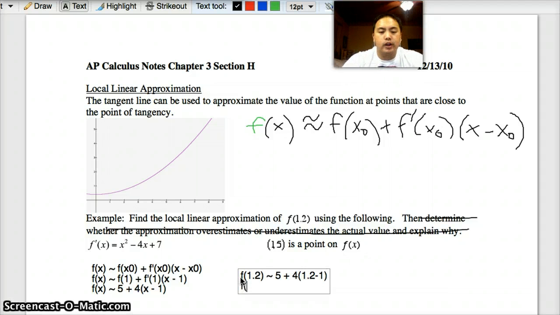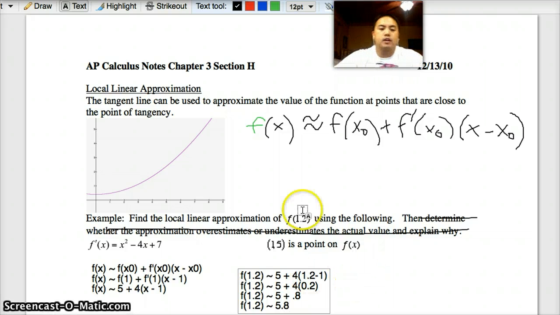The reason we're able to do this is because this is close to 1. I can actually calculate this in my head. 1.2 minus 1 is 0.2. I know it might be a pain to do by hand, but 4 times 0.2 is 0.8. So my answer is 5.8. Hope I did the math right.